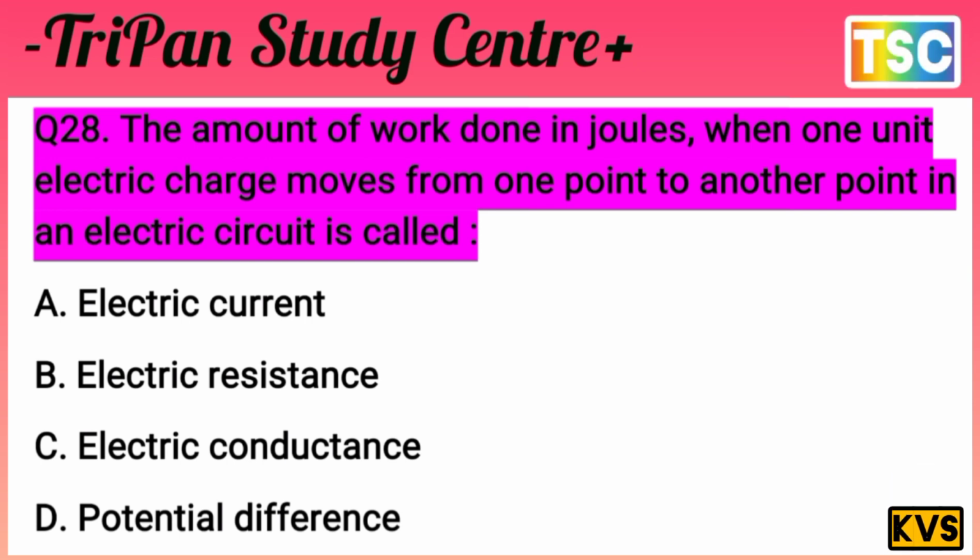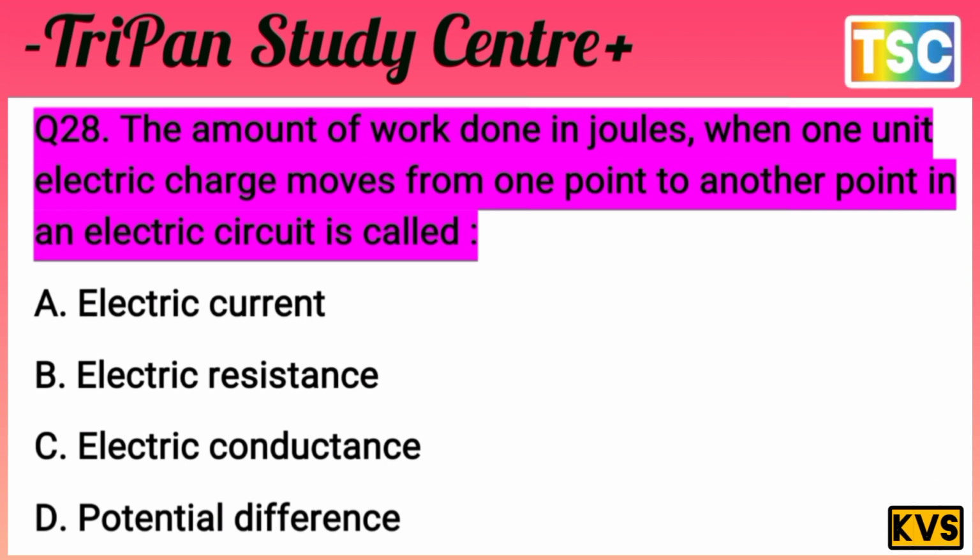Electrical conductance? Nothing here. It is called D, potential difference. It means option D is correct here.